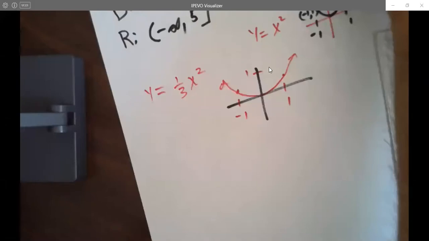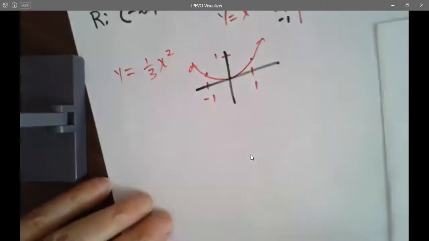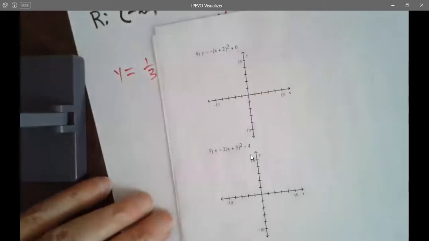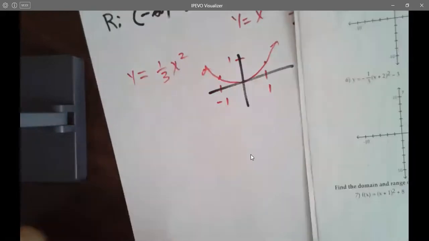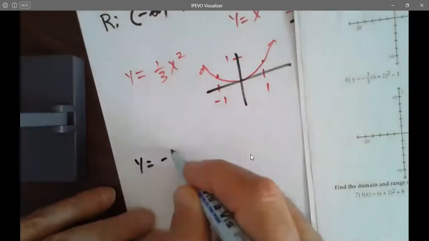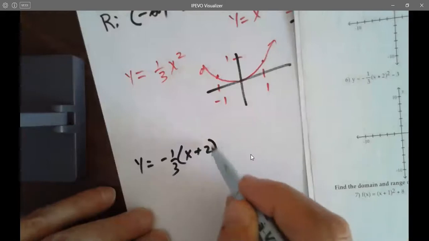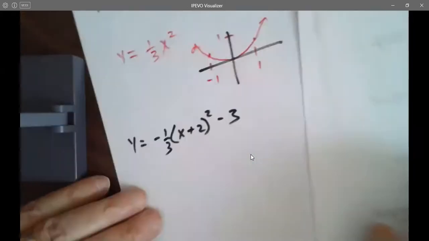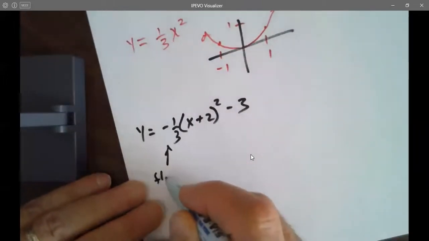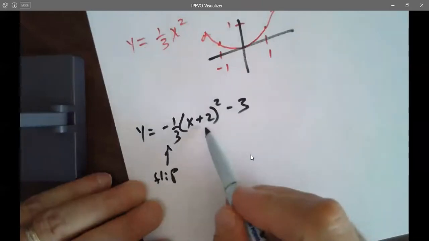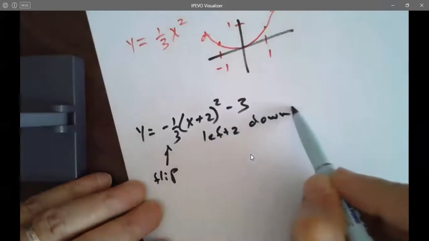So really, don't let that throw you off, because it's really not going to change the graph that much. So if you have y equals negative 1/3 (x plus 2) squared minus 3, this is going to reflect, or flip, and this will be left 2 and down 3.